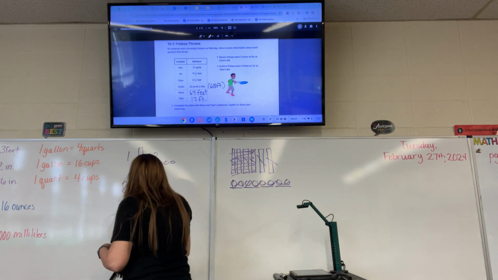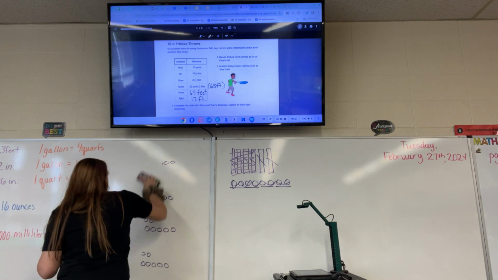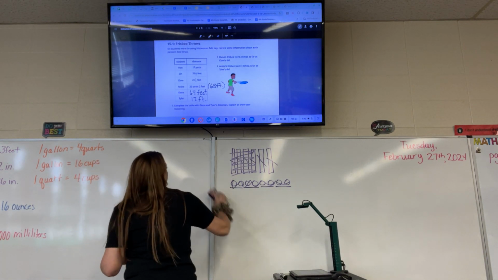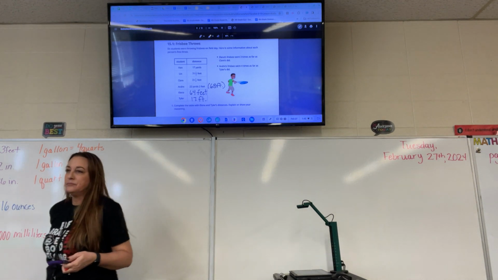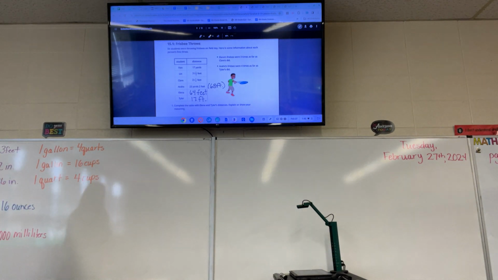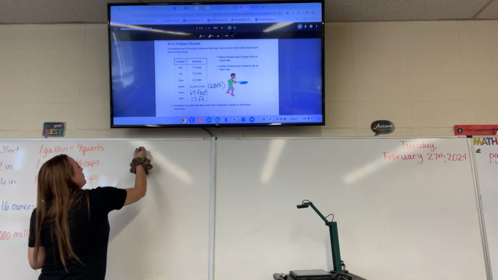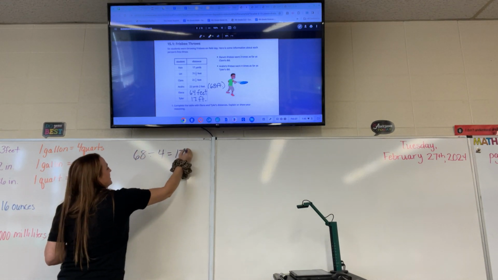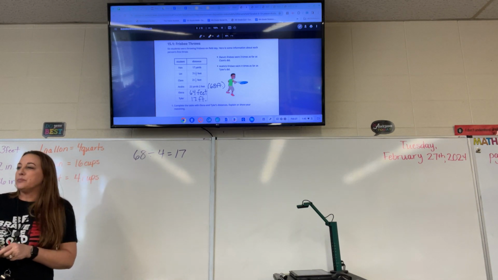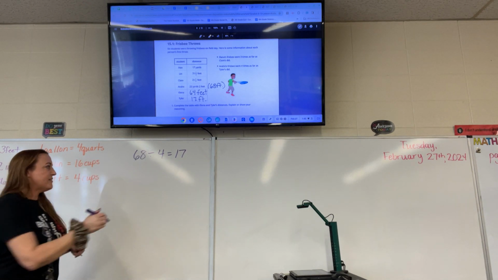And I can check. How can we check a division problem and make sure we did it right? Caitlin? Multiply. So this is what we did: we did 68 divided by 4 and we got 17. So what do I multiply? 17 times 4.